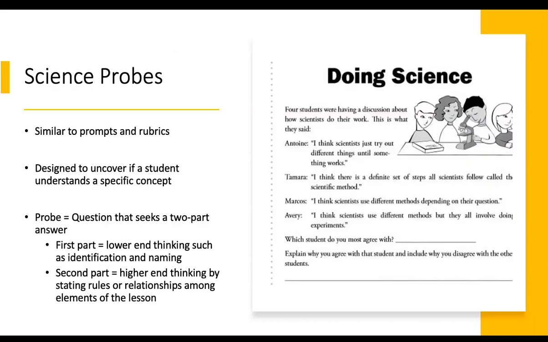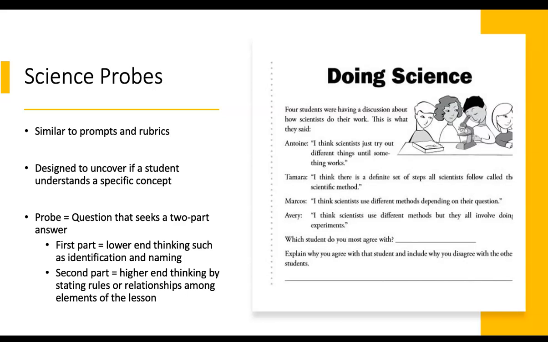Another one is science probes. This is similar to prompts and rubrics, and we're going to practice these, and you're going to actually go through a whole bunch of probes next week and decide if there's one that might fit your science lessons. But the probe itself is a question that seeks a two-part answer. The first part is the lower end thinking, such as identification and naming.